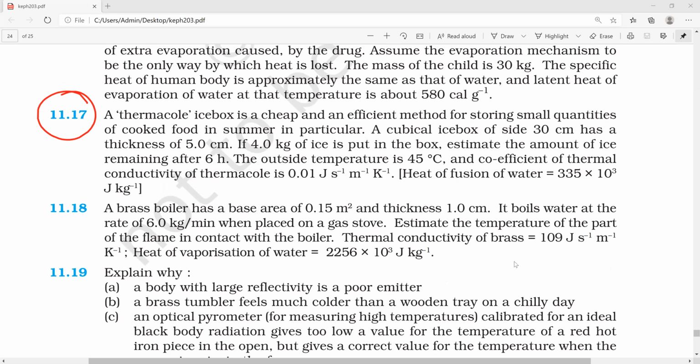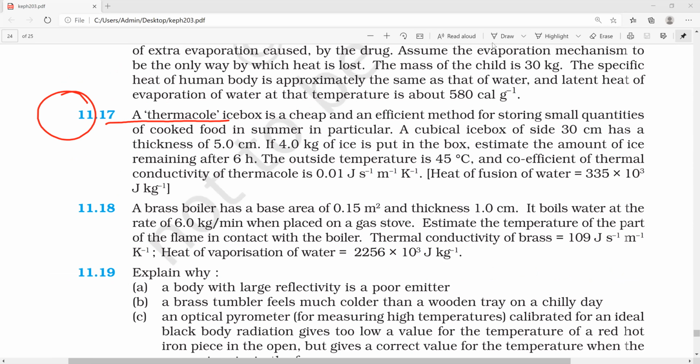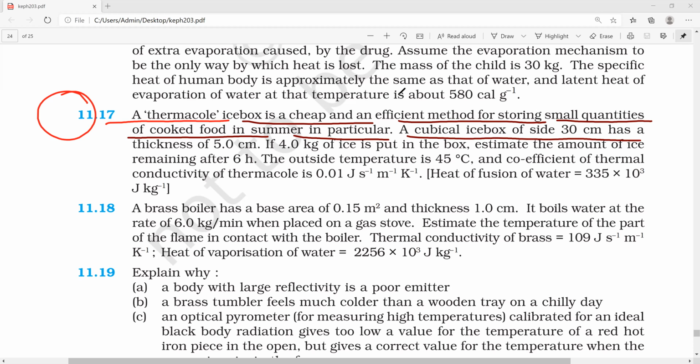A thermocol ice box is a cheap and an efficient method of storing small quantities of cooked food in summer. In particular, a cubical ice box of side 30 centimeter has a thickness of 5 centimeter.